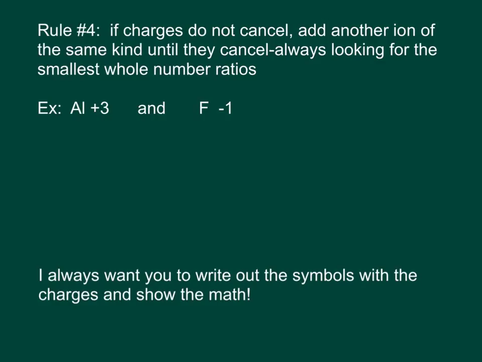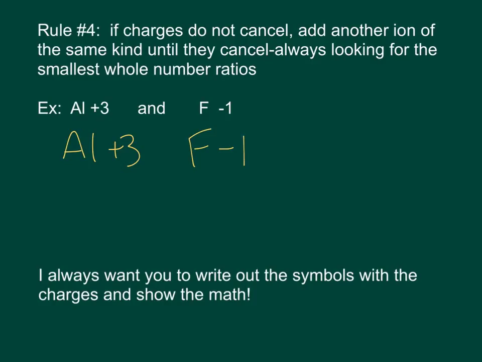All right, rule number 4. What happens if the charges do not cancel? So first I've got aluminum, which has a plus 3, and fluorine is a negative 1, and those don't cancel. So it says to add another ion of the same kind until they cancel, and you're always looking for the smallest whole number ratio. It's going to take me 3 aluminums, plus 3. But I only have 1 fluorine.